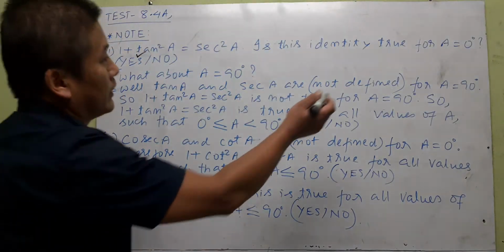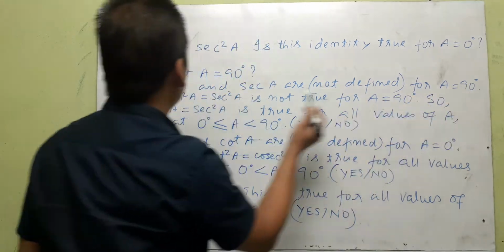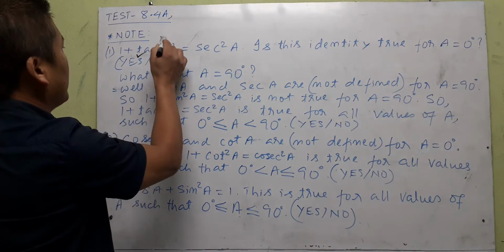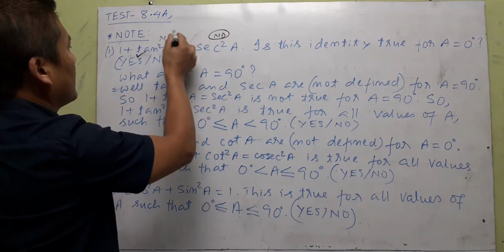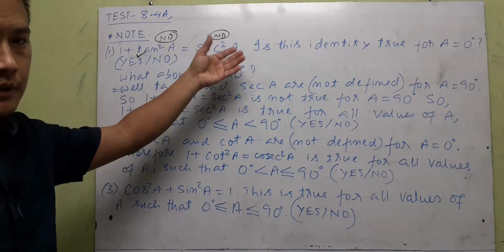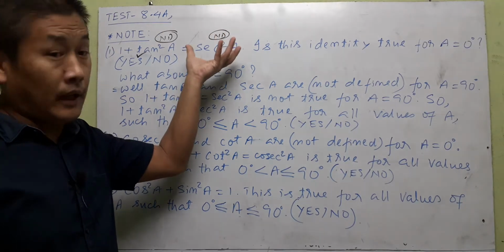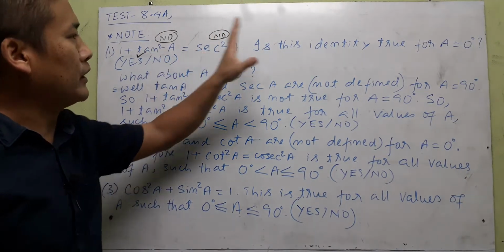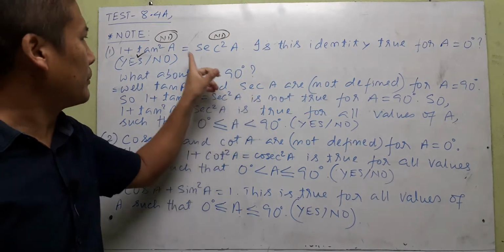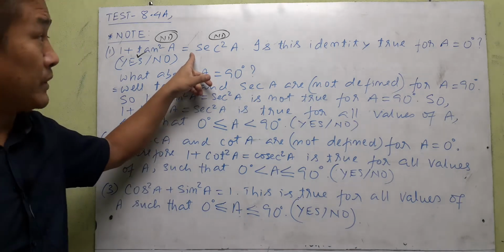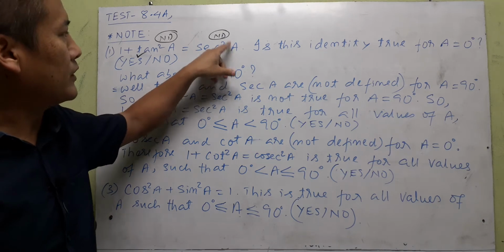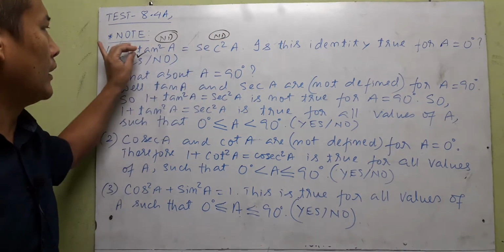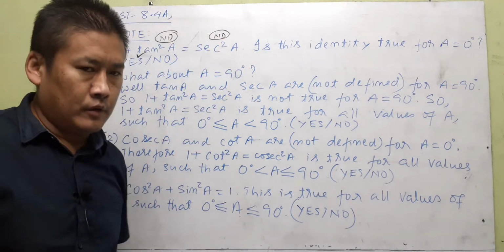So when we put a value as 90 degree, here it will become not defined, tan square a, and this also not defined. The word not defined here means it is meaningless, right? It cannot exist. So that value a equal to 90 degree is not applicable for this formula, because tan 90 is undefined, sec 90 is also not defined, and the equation will not be true for that.